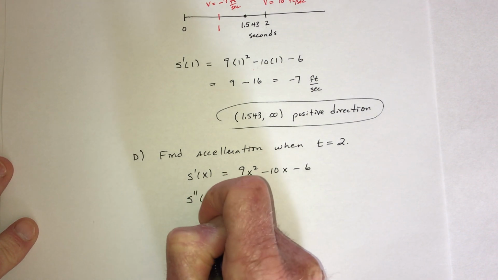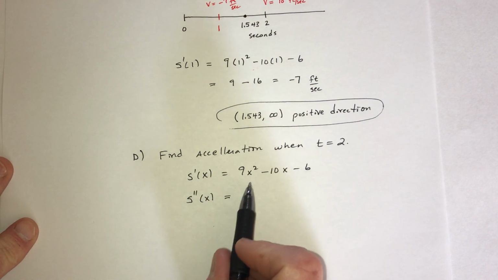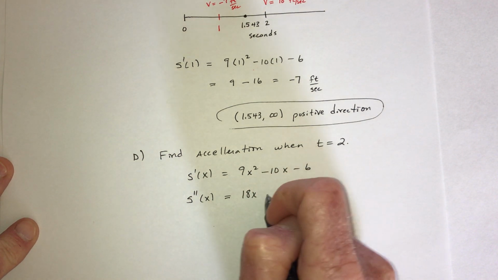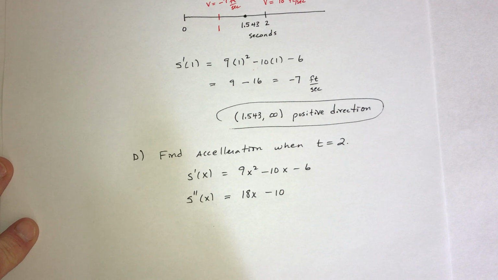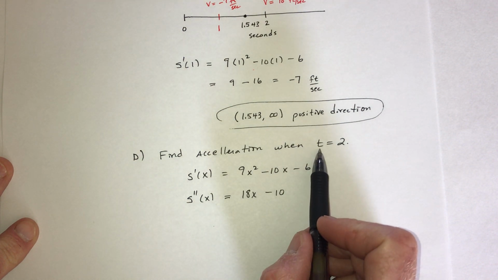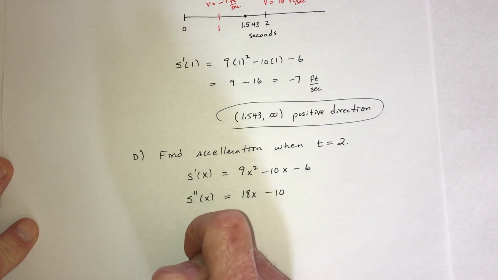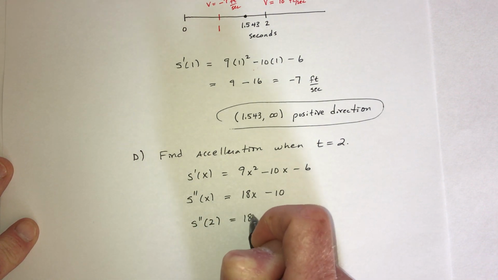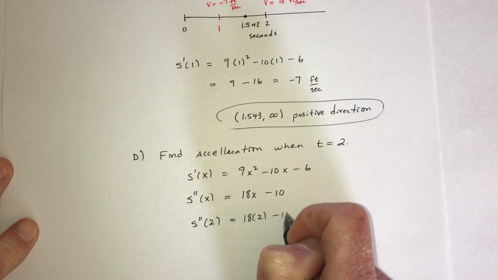So take the derivative of the derivative. This will be 18x minus 10. And then substitute in the 2. I should have said x equals 2. Oh, it's okay. Substitute in a 2. So that will be 18 times 2 minus 10.